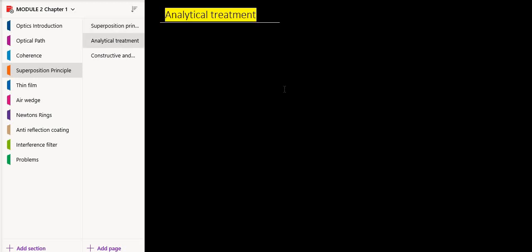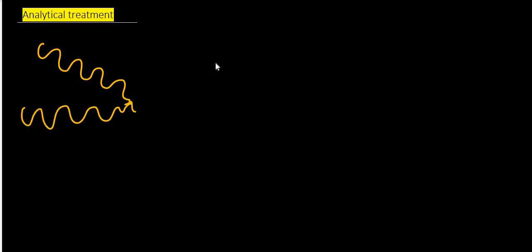For that, let's consider two waves, one coming from A and the other from B, meeting at a point C or R. This is A, this is B, and this is the resultant at R. From A I have y1 and from B I have y2, and I'm assuming that both sources are coherent sources, so the waves are coherent waves.